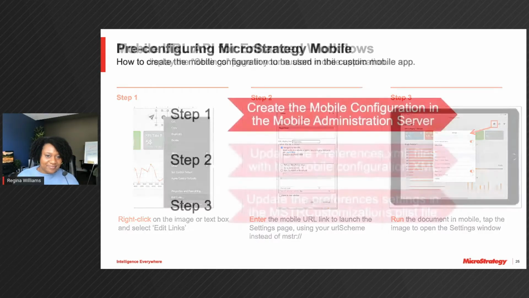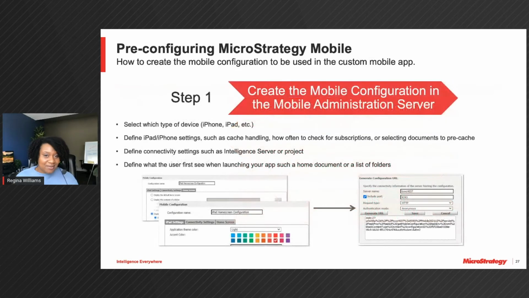Next slide. The next thing I want to talk about, which is also another very powerful feature, is pre-configuring MicroStrategy Mobile to point to a specific environment. The first step in doing that is creating the mobile configuration on the mobile admin server. First thing you'll see there is you have to choose your device type, whether it's iPhone, iPad, and for Android, we have phone or tablet.